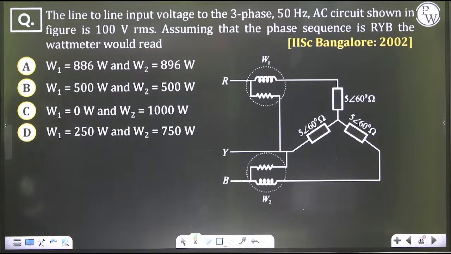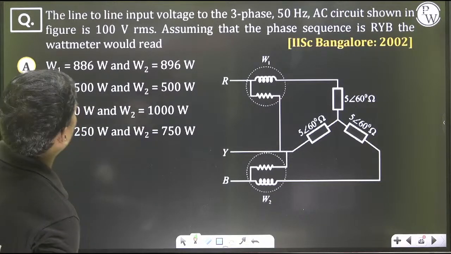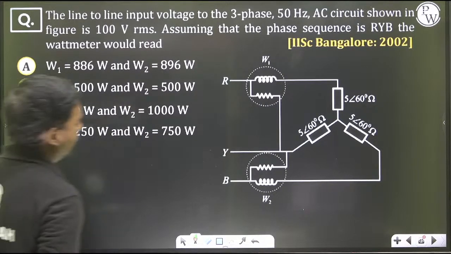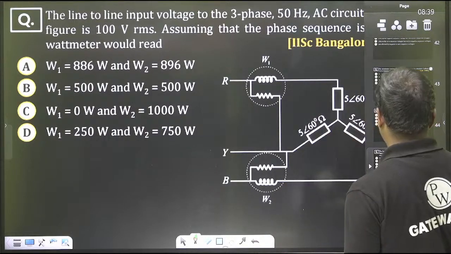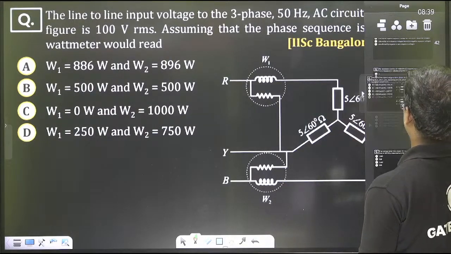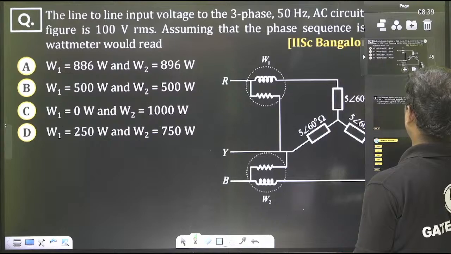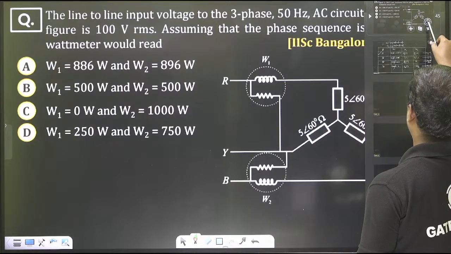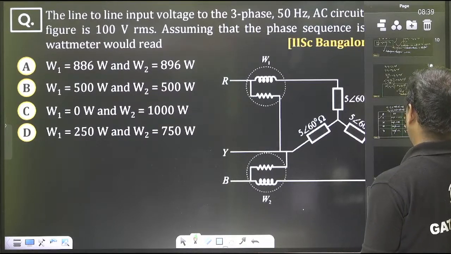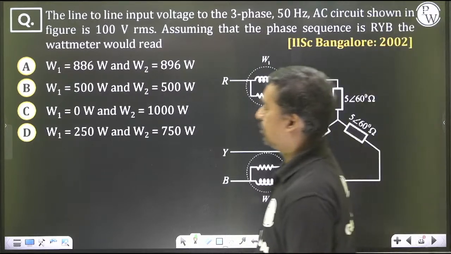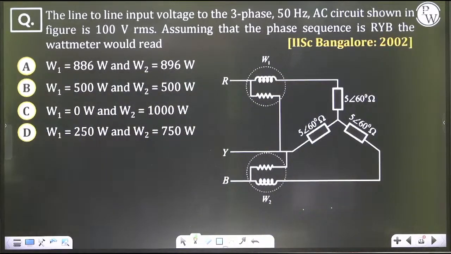If you see this question, IISc Bangalore: the line to line input voltage to the 3-phase 50 Hz AC circuit shown in the figure is 100 volts RMS. Okay, so VL is 100 volts RMS.